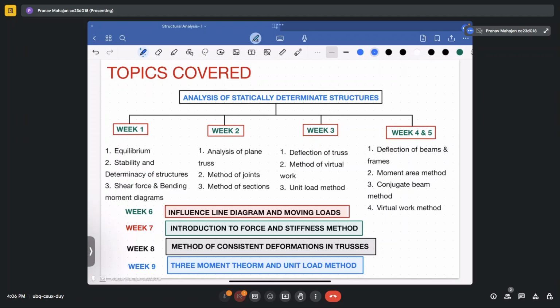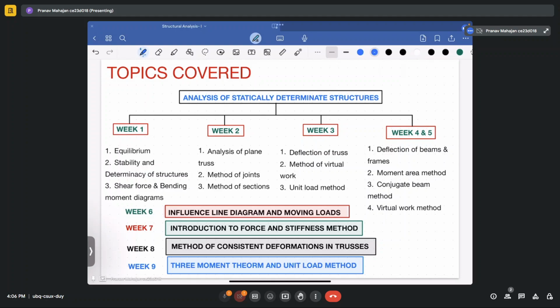After that, we calculate the forces and draw the reaction, shear force, and bending moment diagrams for the structure. Then we utilized the concept of removing and adding the redundant force, and then analyzing the problem.